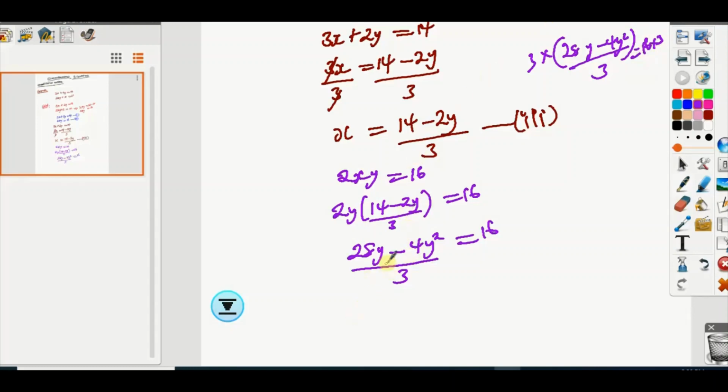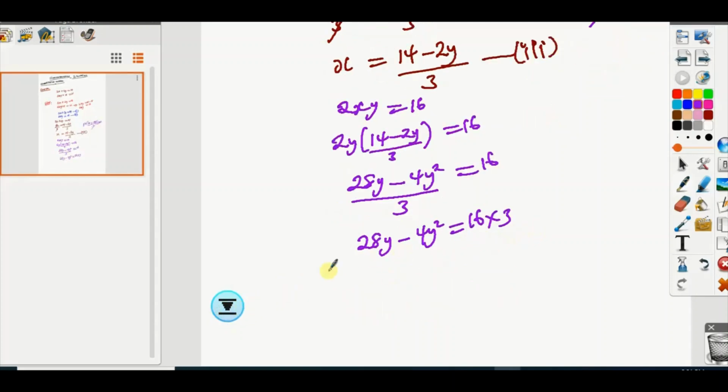So here we cancel the 3, and we now have 28y minus 4y squared equal to 16 multiplied by 3, which is 48.